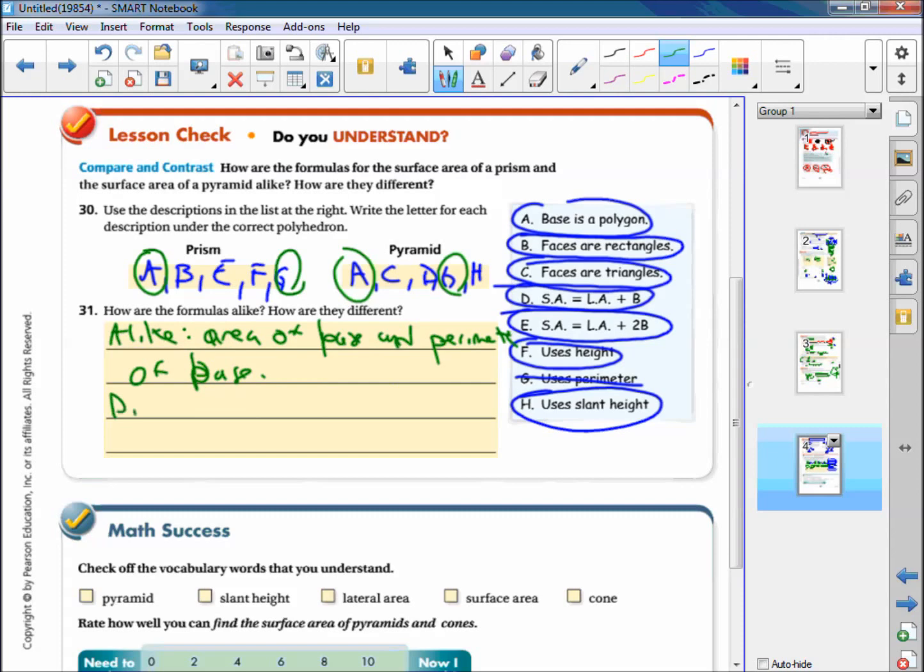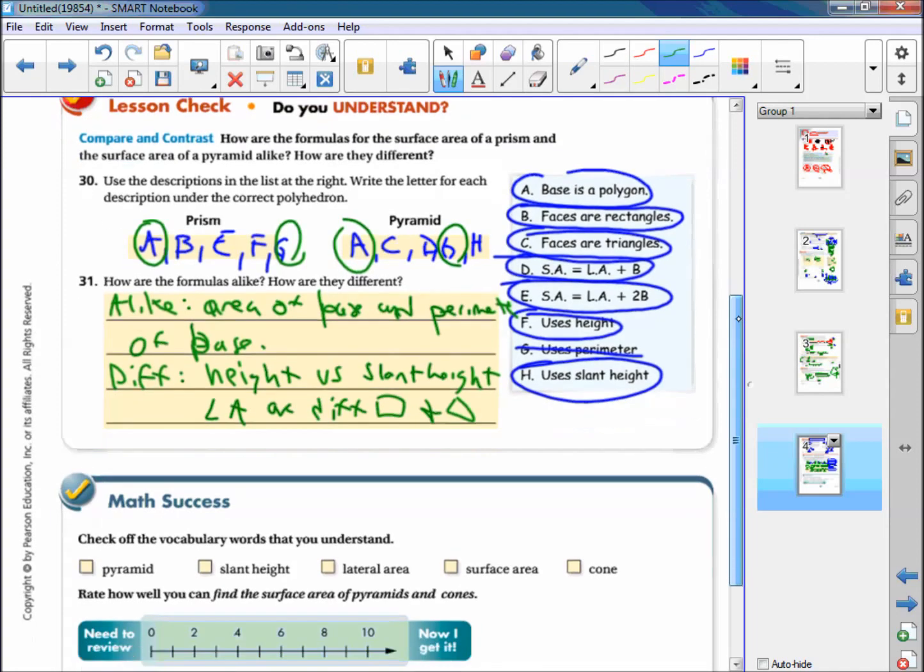And then how are they different? Well, they're different in using height versus slant height. That's one way they're different. Okay, and they're different in their lateral areas. One of them uses rectangles and the other one uses triangles. Okay, so that's going to give us different lateral area formulas.